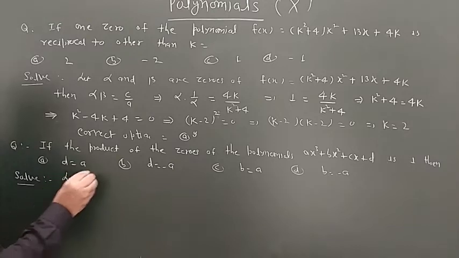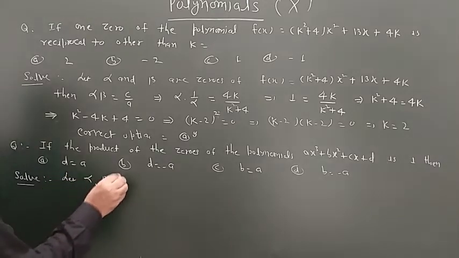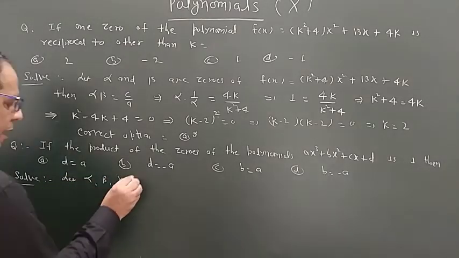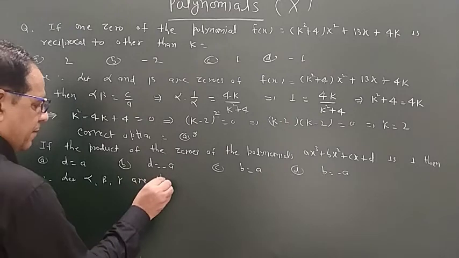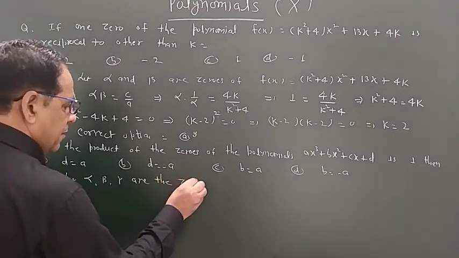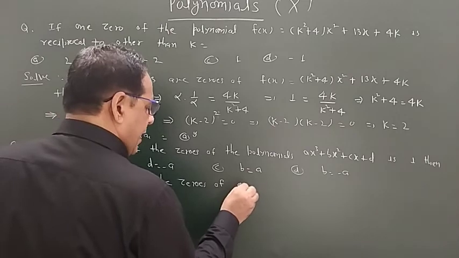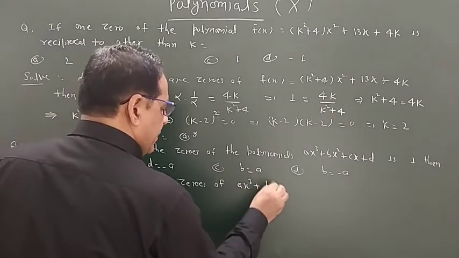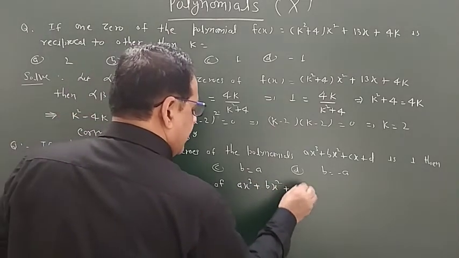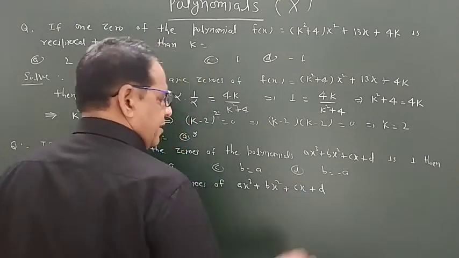Let alpha, beta, gamma be the zeros of ax cube plus bx square plus cx plus d.